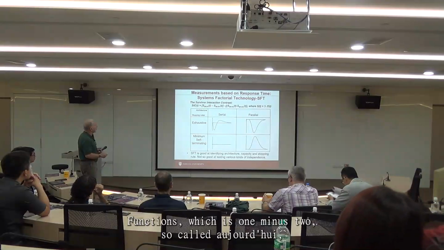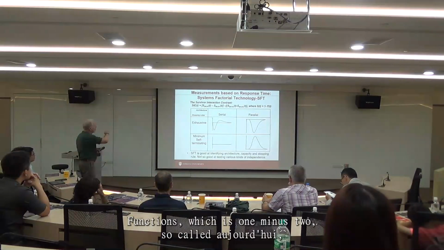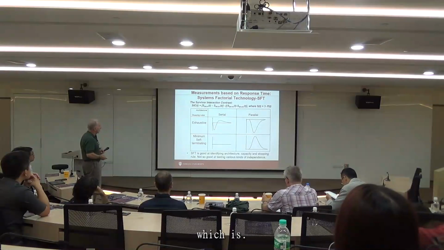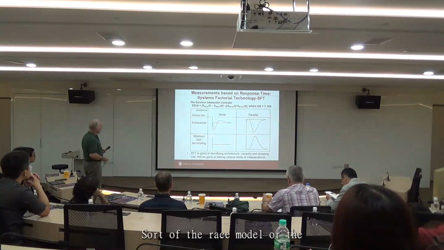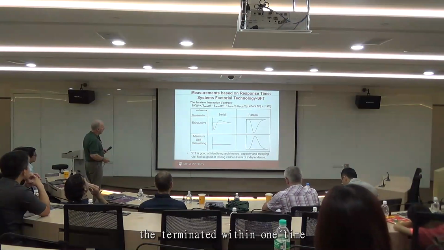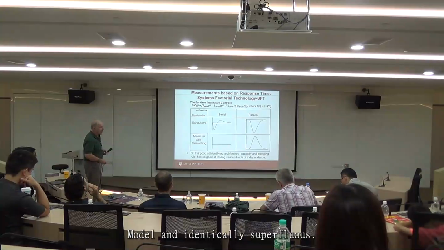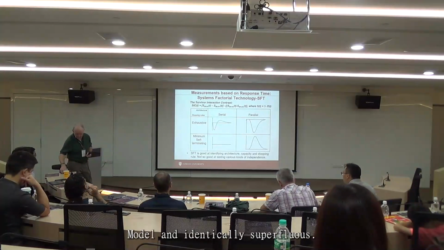And the survivor function is just one minus that cumulative, so-called CDF, later, probably hopefully in statistics. So the race model, or the first terminating minimum time, is always positive for a parallel model and identically zero for a serial model.